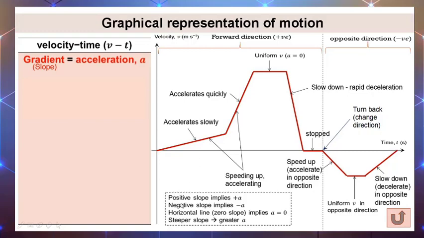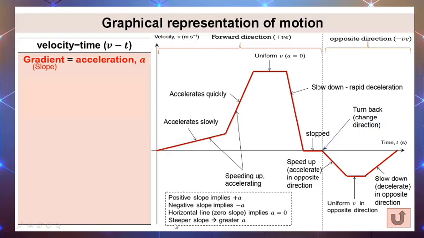What we can conclude is, when we have a positive slope, it implies positive acceleration. When the slope is negative, it implies negative acceleration. The horizontal line, considered as zero slope, implies A equals 0.